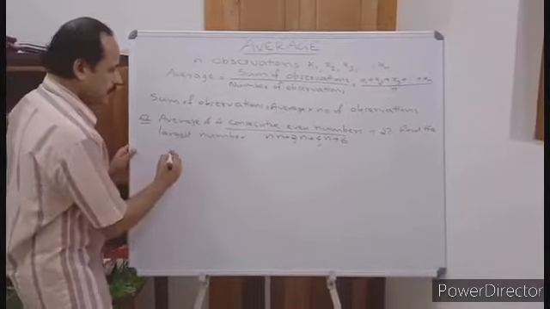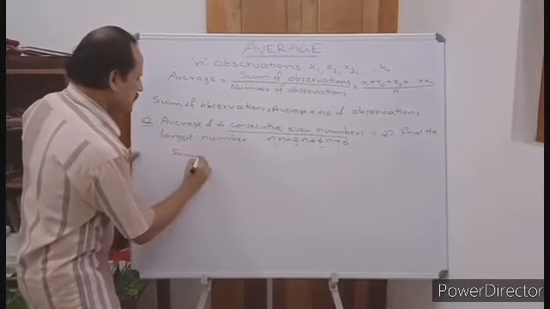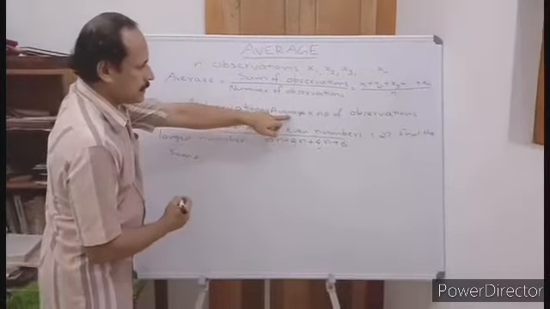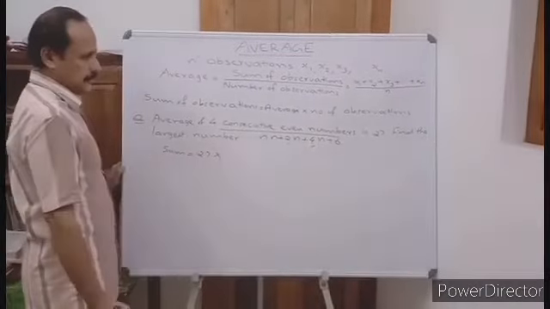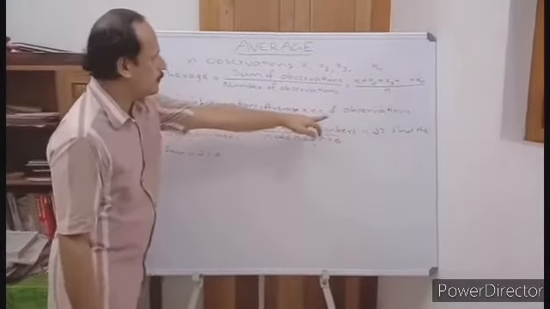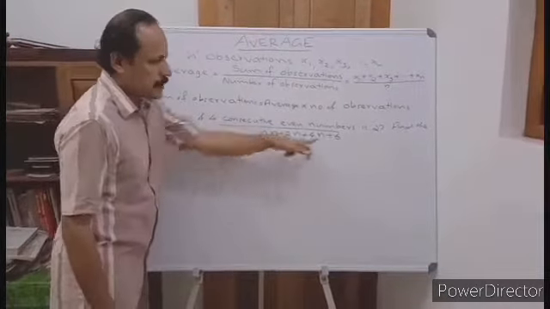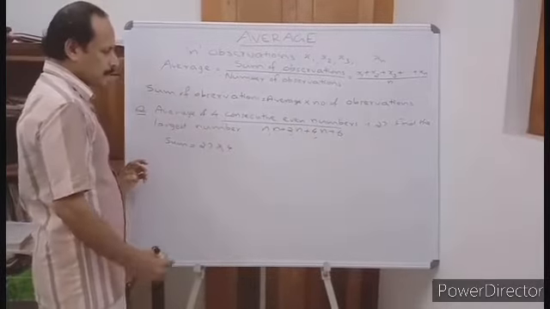And their sum equals average, which is 27, into number of observations, that is 4. That is, the sum of these observations is 27 into 4.